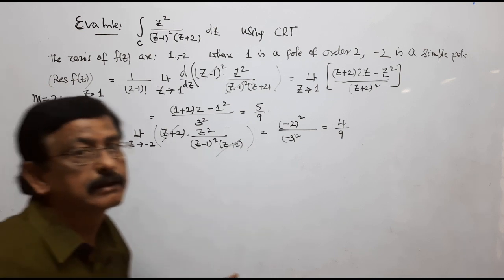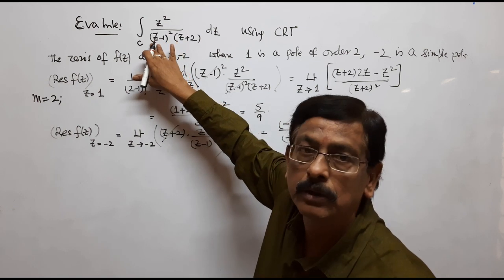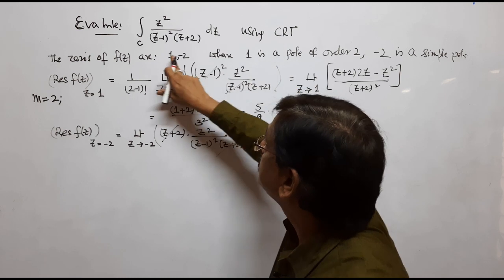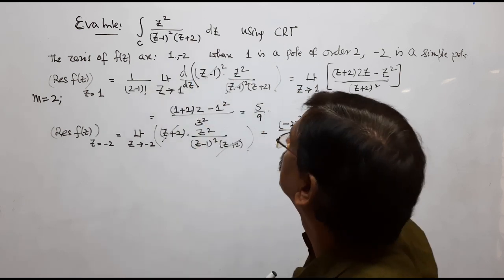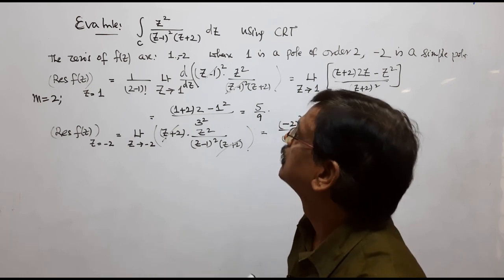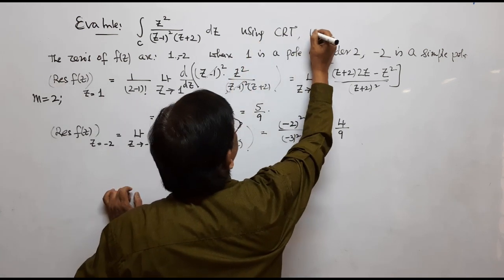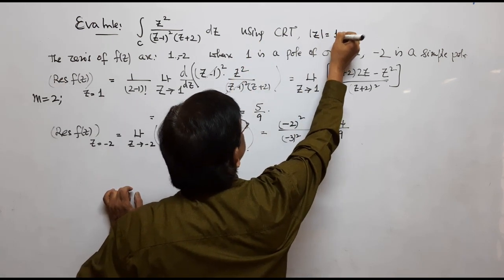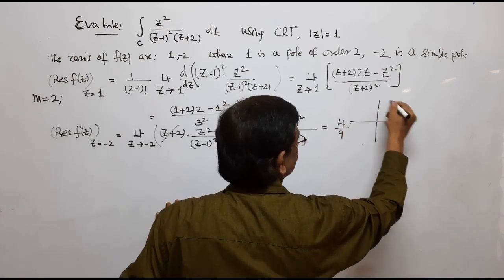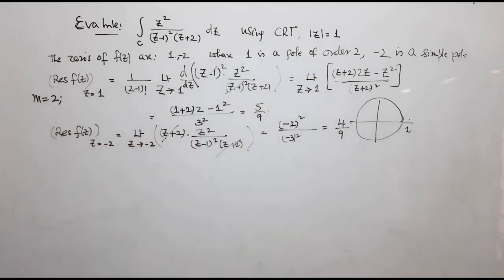I have calculated the residues. But if I want to apply Cauchy's residue theorem, I need the poles to be inside the curve. So now I have to give some more information on this. Using CRT theorem with mod z equal to 1, suppose I say this, that means it is a circle with radius 1, center 0.